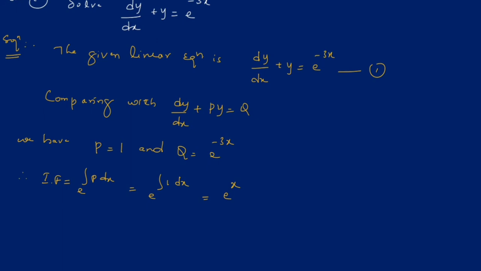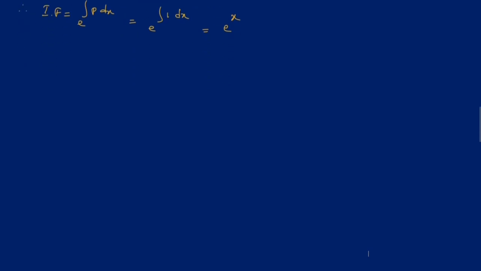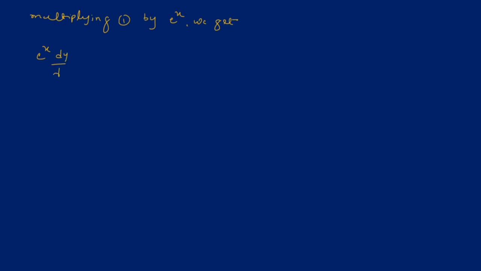Multiplying equation 1 by e to the power of x, that is the integrating factor, let's see what we get. dy by dx plus y e to the power of x equals e to the power of minus 2x.